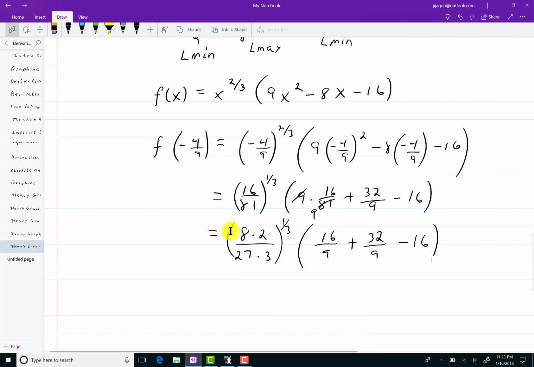The cube root of 8 is 2, and the cube root of 27 is 3, so I'll get 2/3, and then the 2/3 that's inside of here I can simply write as the cube root of 2/3. And then I'll add these two together to give me 48 over 9. Now I can rewrite this as 144 over 9.